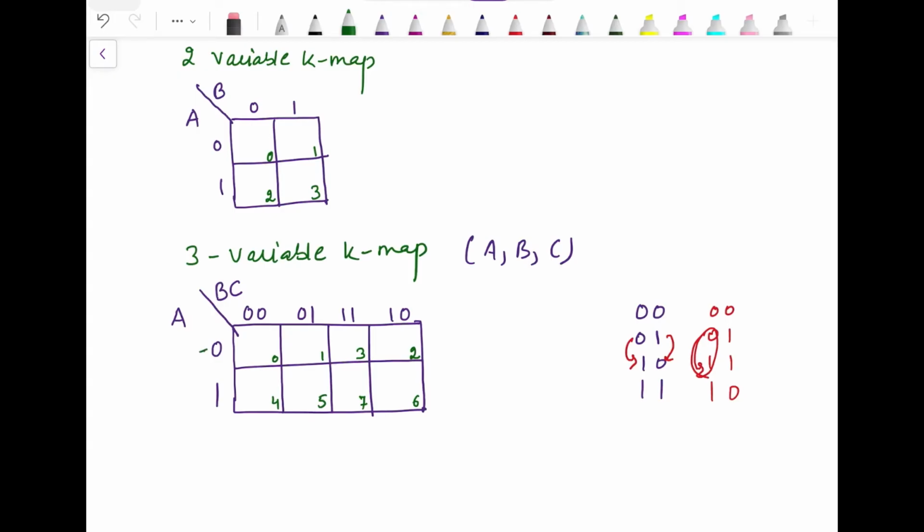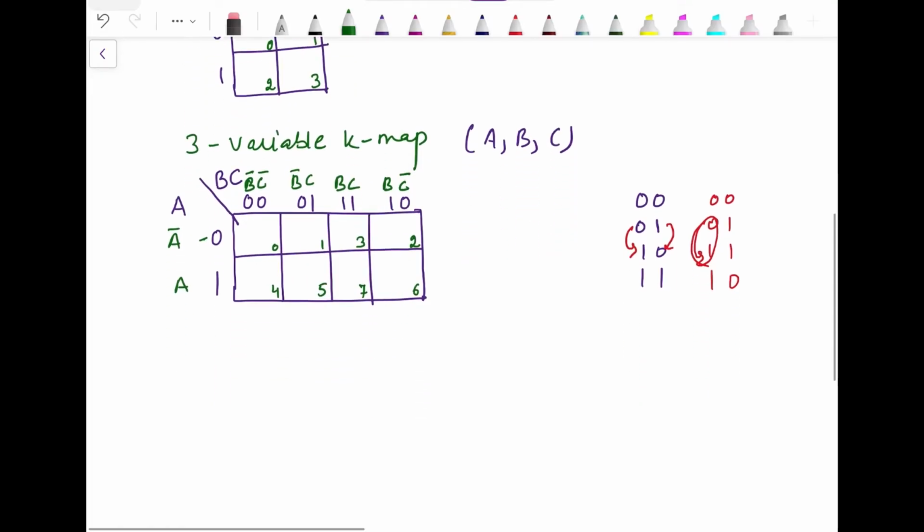So corresponding to this, the expressions will be A complement, this is A, B complement C complement, B complement C, BC, and this is BC complement. So you can write it in the form of 0 and 1, or in the form of the variables either in their complemented form or uncomplemented form.